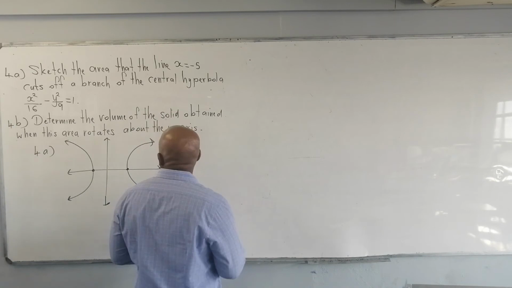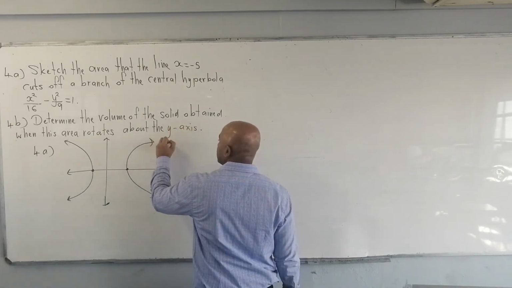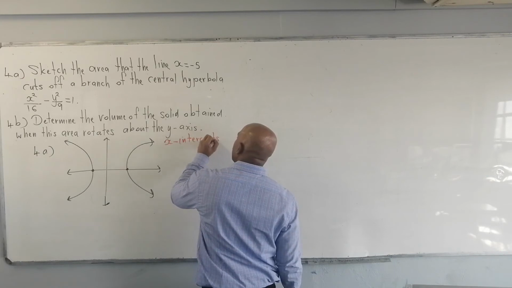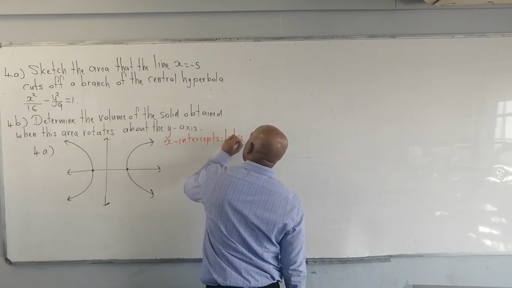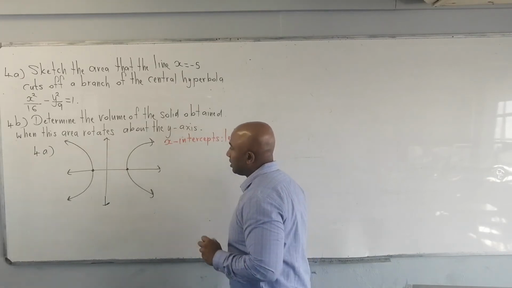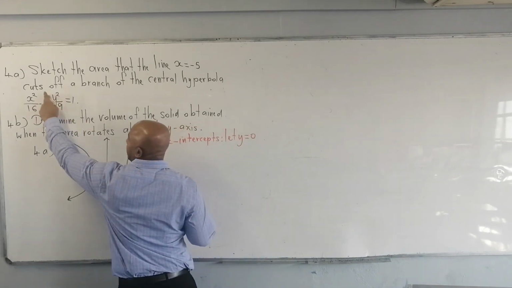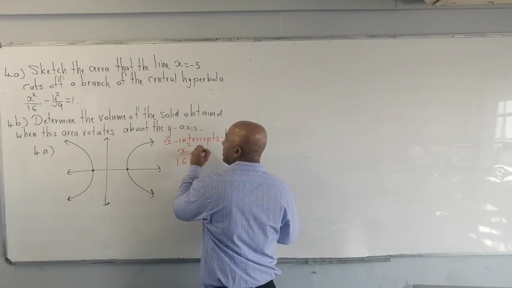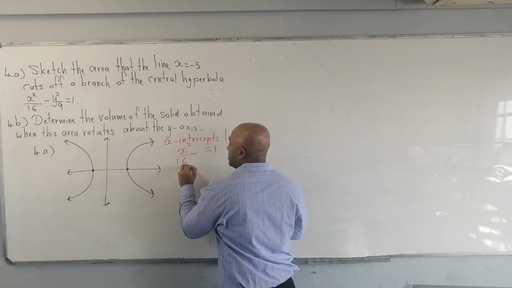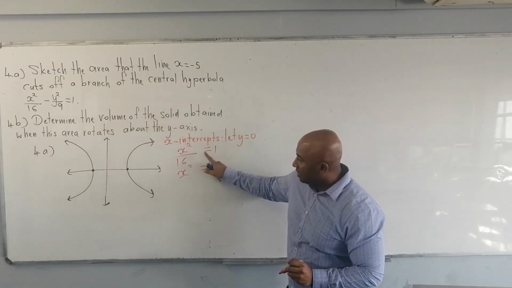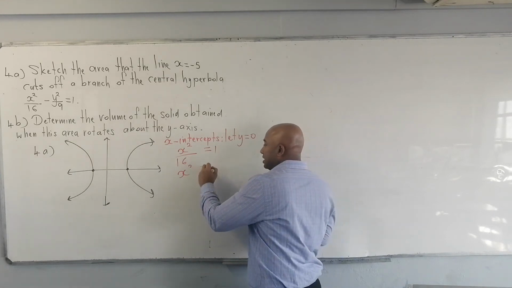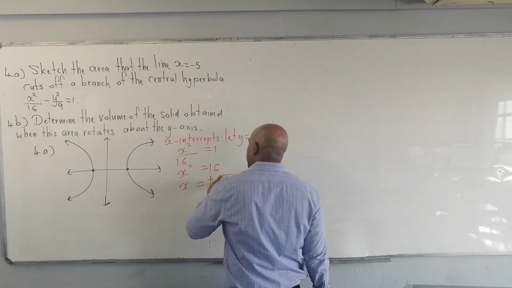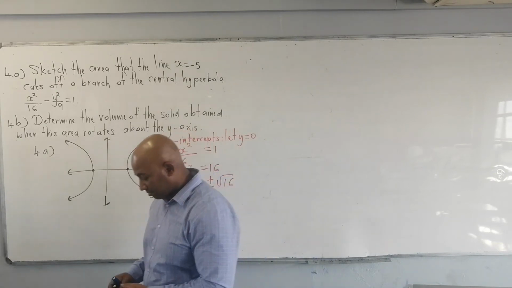So if I want to work out the x-intercepts here, let y equal to 0. So if I replace y with 0, then I have x squared over 16 is equal to 1. So x squared is equal to 1 times 16, which is 16. So that means x is equal to plus or minus the square root of 16.